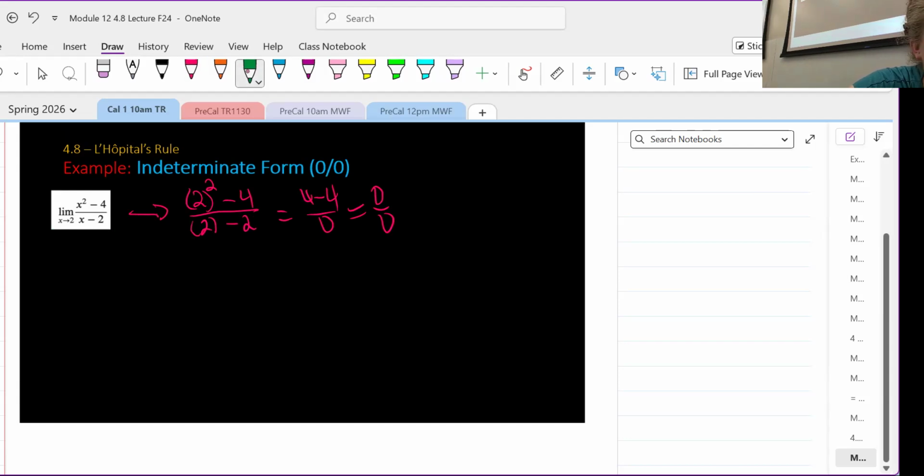So this means rewind back to the drawing board, do something else first. So the x squared minus 4 on top is a nice little quadratic that factors nicely. So x squared minus 4 is the same as x minus 2 times x plus 2.